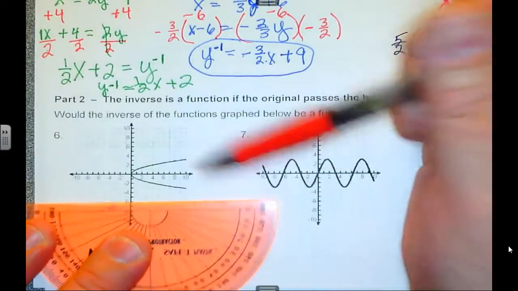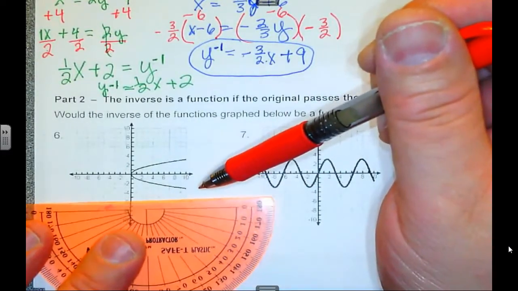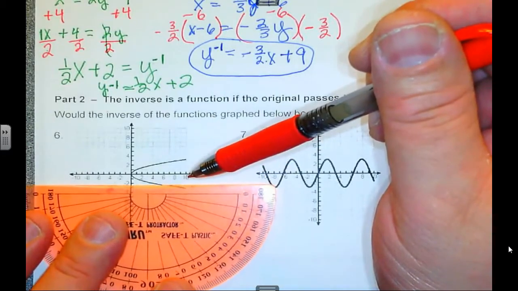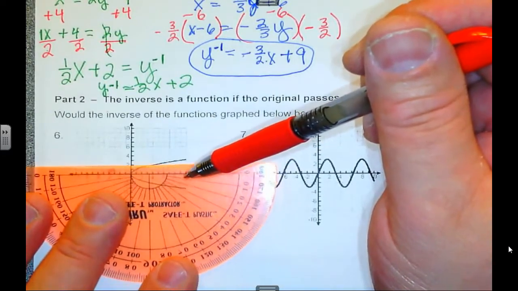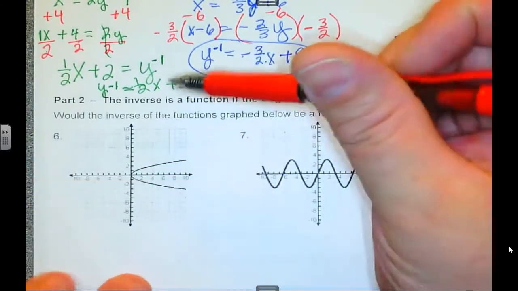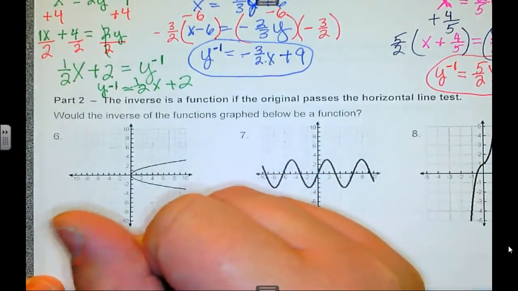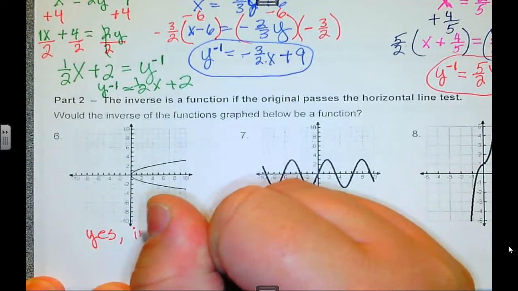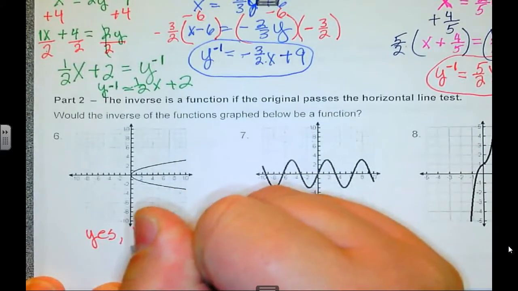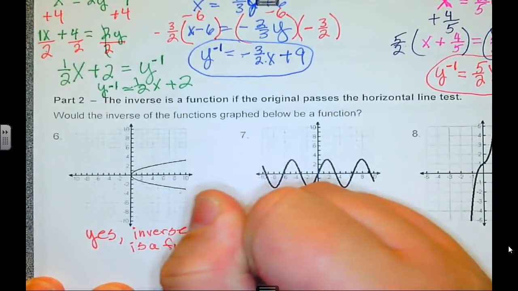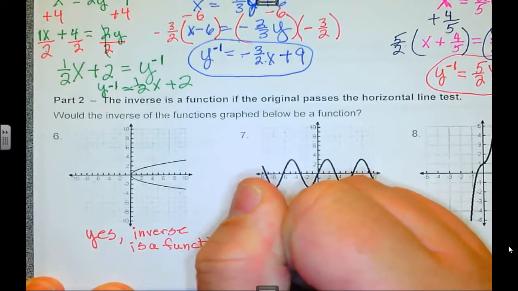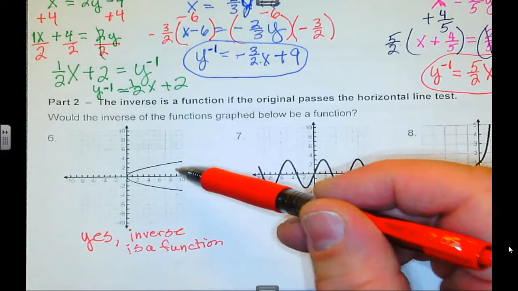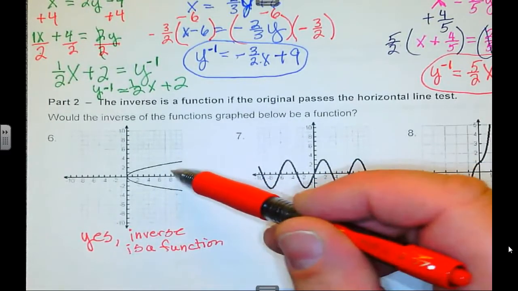Does my horizontal line cross it at only one point? Yes. So the inverse would be a function. By the way, is this original function a function? No, it's not. So we shouldn't really call it a function.